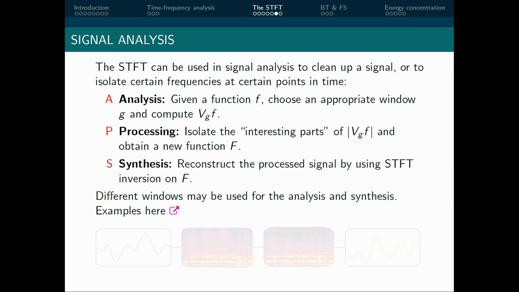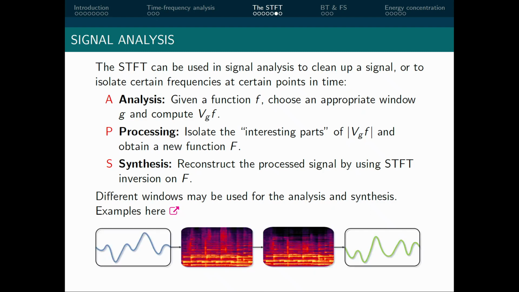So you modify your signal through its spectrogram, and this gives you another function, which you can then invert, bring back from L2 of R^2d into an original function, which is going to be somewhat similar to what you started with. And this would be, for example, the process.